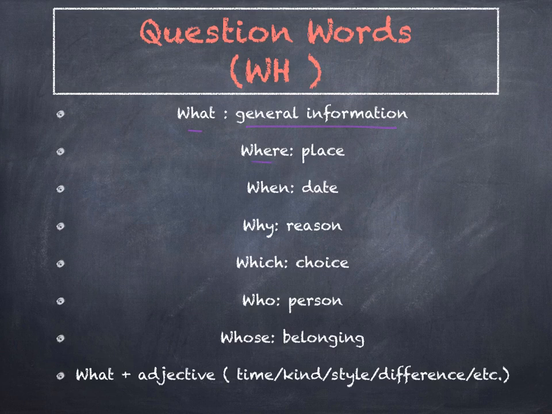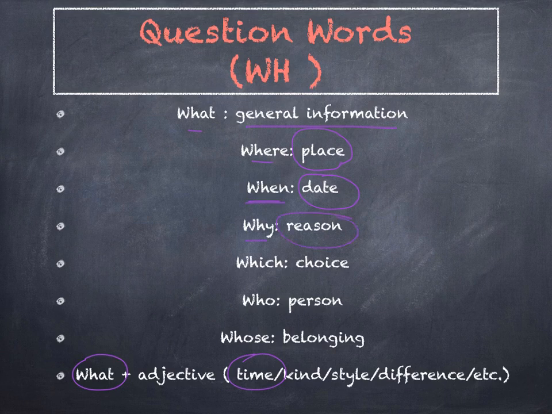Where is used to look for a place. When, because you're looking for a date. You will use what time to get an hour. But if you want to have a date, it's preferable to use when.